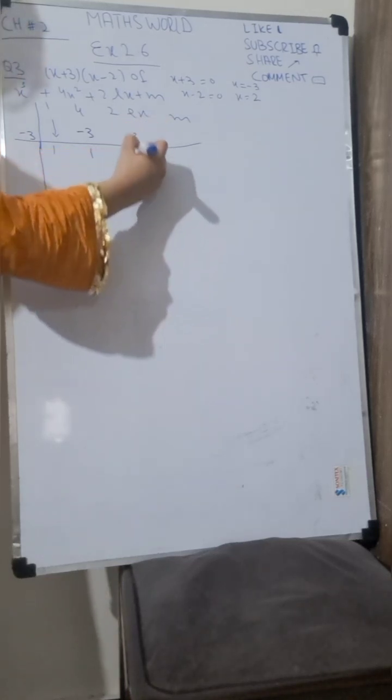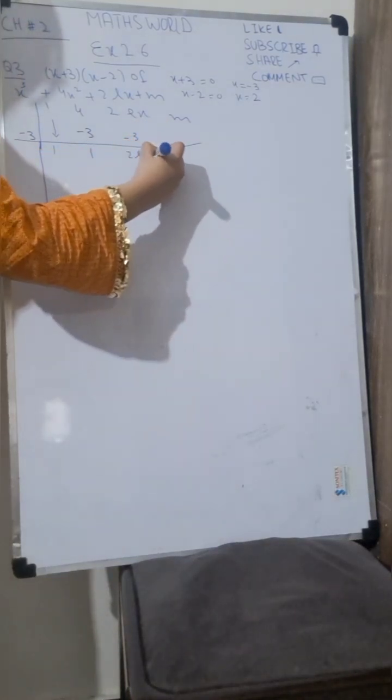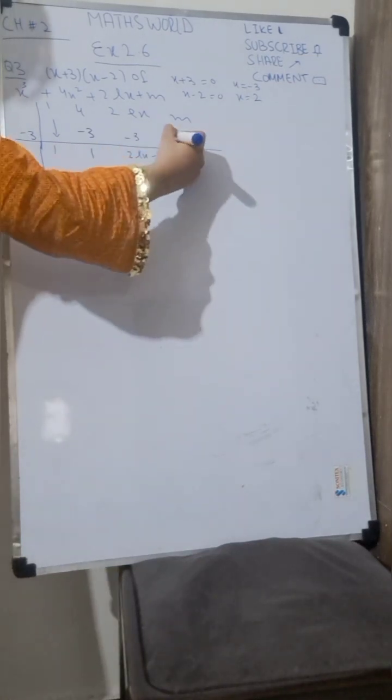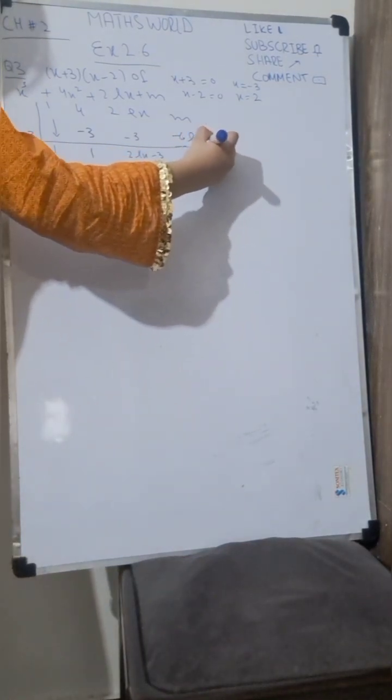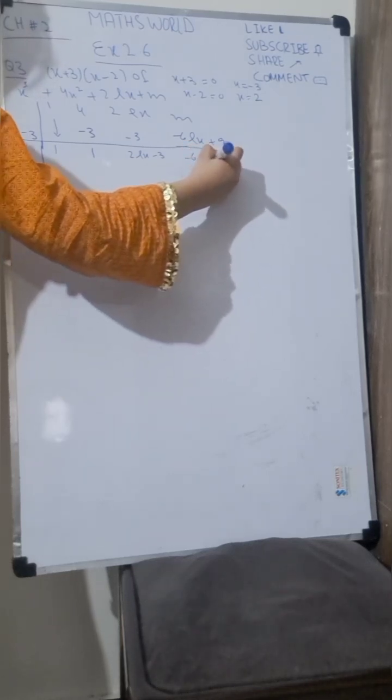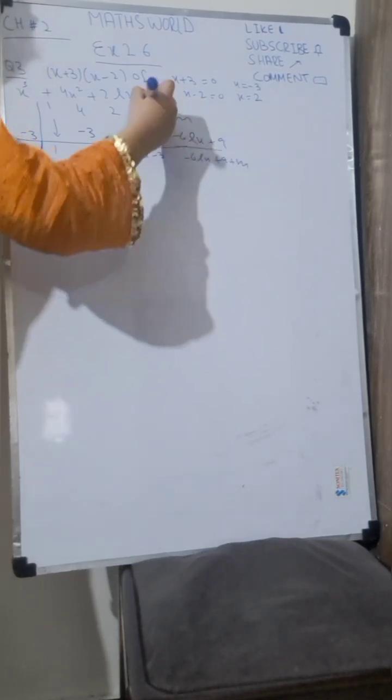Then minus 3, so 12x minus 3. Then here you will get, simply, 3 times 6 is minus 6L x plus 9, so minus 6L x plus 9 plus m. This is the remainder.